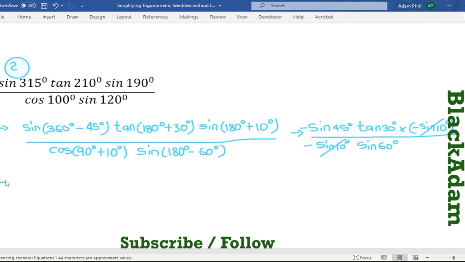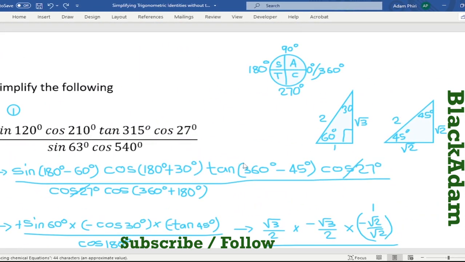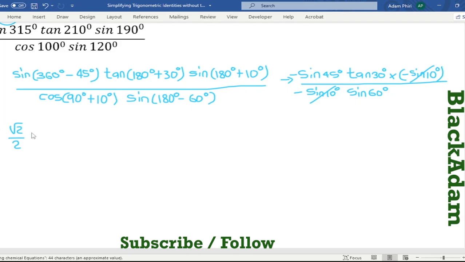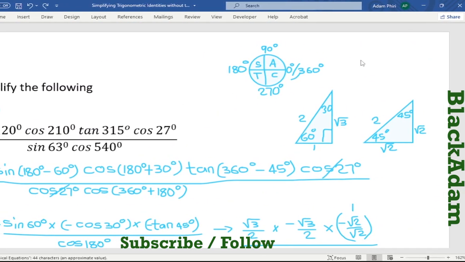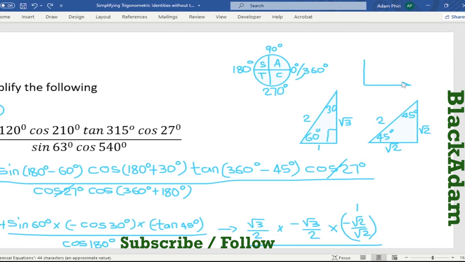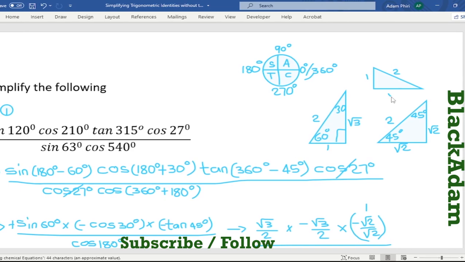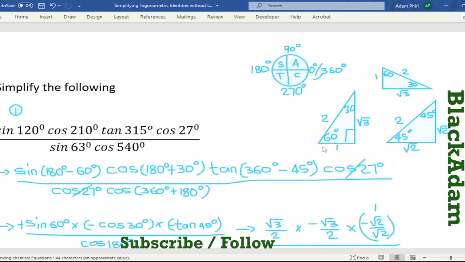That cancels that, so we have sine 45 degrees. So that's root 2 over 2 multiplied by, remember that's negative, and multiplied by tan 30 degrees. We have to make the triangle, 2, root 3, and that is 30 degrees, 60 degrees.